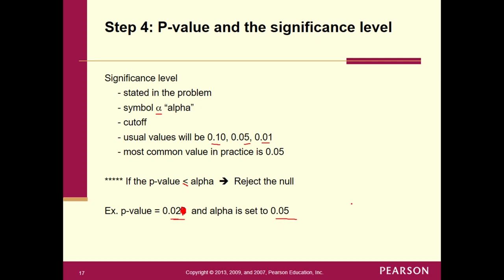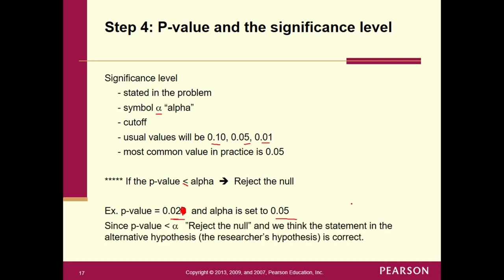So in this case, since the p-value is less than alpha, we're going to go ahead and reject the null, and we think that the statement in the alternative hypothesis is true, meaning we think that the researcher's hypothesis is correct. So what we're going to do in 9.2 and 9.3 is test the population proportion p and go through some more specifics there. And also in 9.3 we'll go ahead and test mu. Thank you for your time.